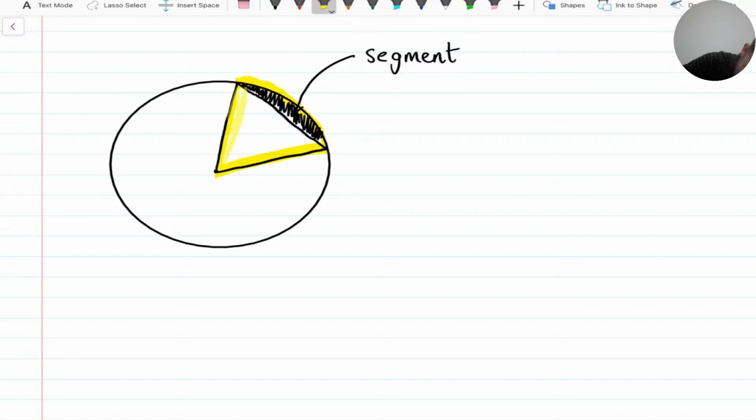So it's the full area of the sector take away the area of this non-right angle triangle.